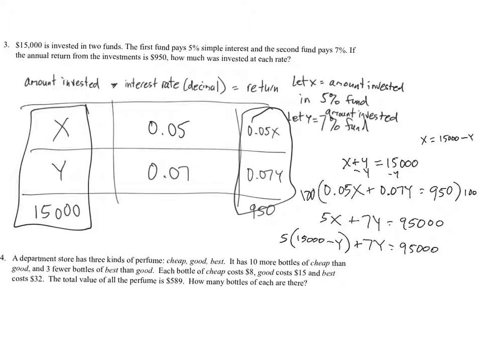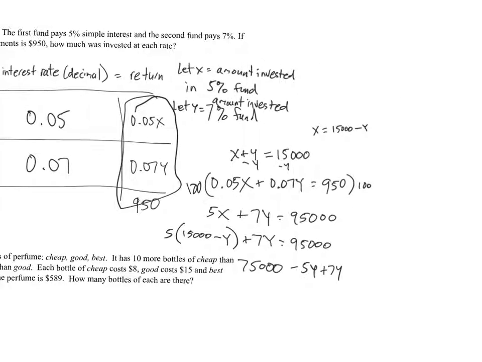And so 5 times 15,000 is 75,000, minus 5y plus 7y equals 95,000.